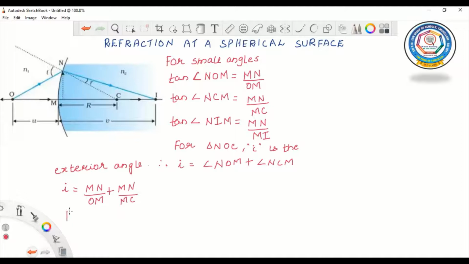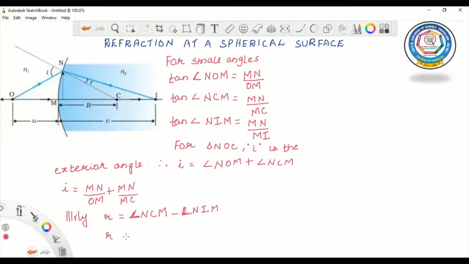Similarly, r is equal to angle NCM minus angle NIM.